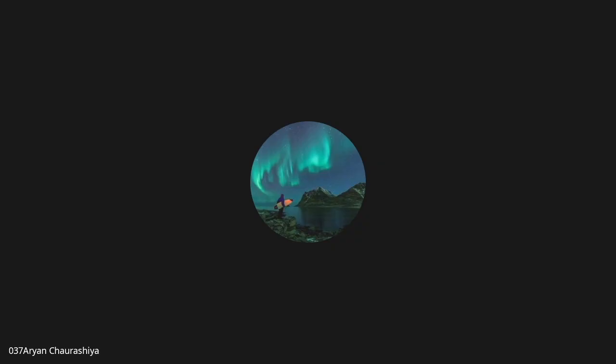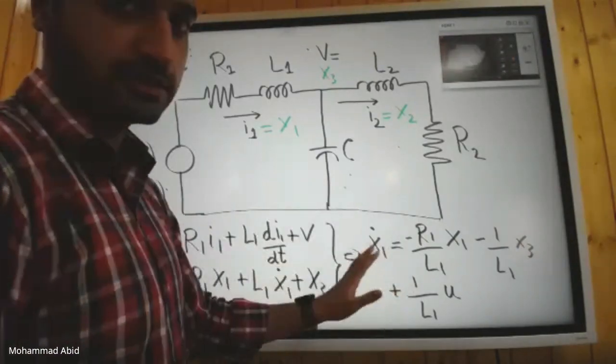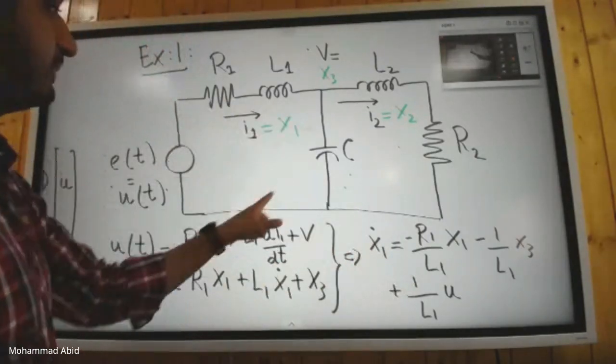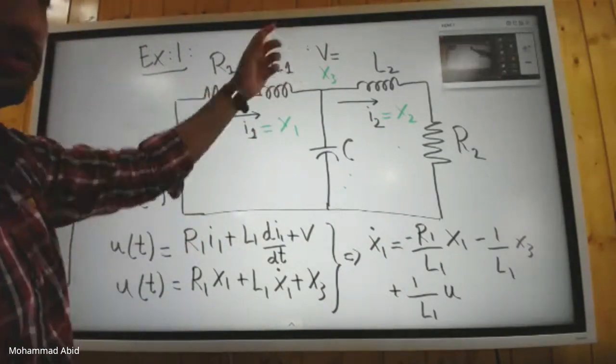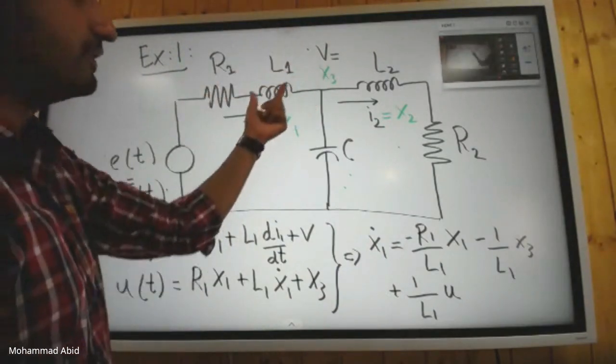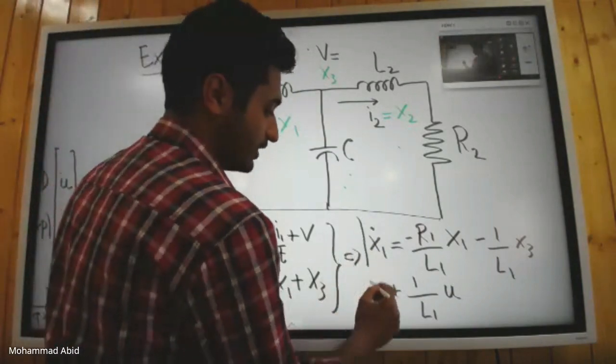Yes, sir. Is it okay? Simple mathematics we are doing, no fancy thing. We just applied the KVL, and instead of the currents and the voltage, I have labeled them as the state variables, and I got my first equation for X1 dot.